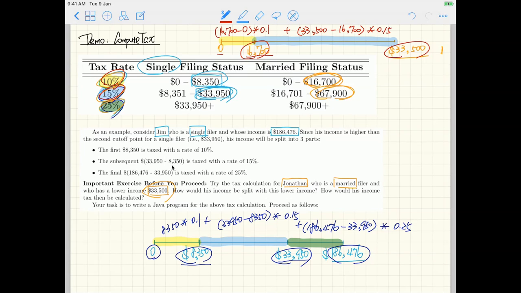And do we have any part to charge for the 25%? No, because Jonathan's income, 33,500, is strictly less than the second cutoff point, which is 63,900. Because it's strictly less than that, there's no third part to charge the tax for. So study these two visualizations for the two examples carefully. Hopefully you can infer how you can implement your Java code.